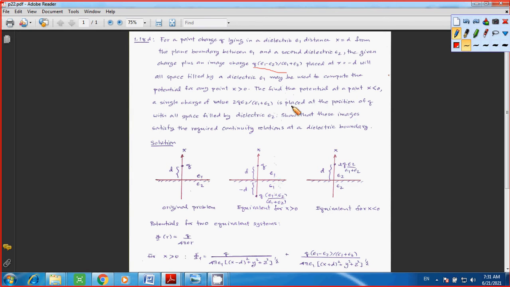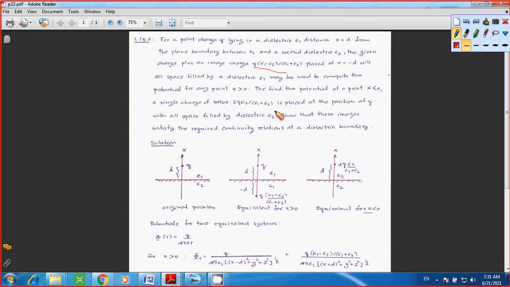And for x less than 0, where you're looking for the potential, you have the charge 2q epsilon 2 over epsilon 1 plus epsilon 2, with permittivity epsilon 2.